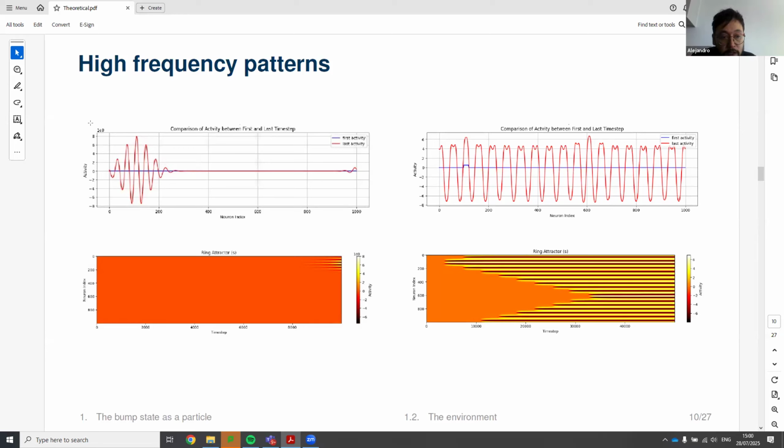But then this one is obviously growing out of control, so it means that lambda is greater than 0. On the other hand, we have here one that is stable, so for lambda equals 0, you just get this kind of oscillatory pattern. So the medium of the bump is a medium in which things can happen, depending on what the inputs are and what the parameters of the network are.